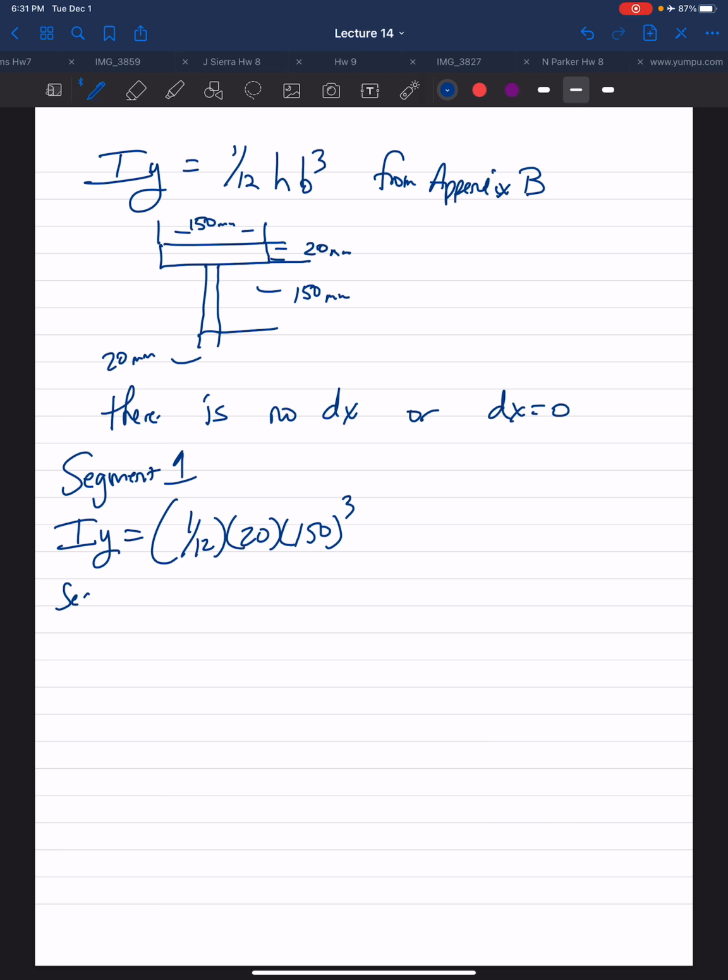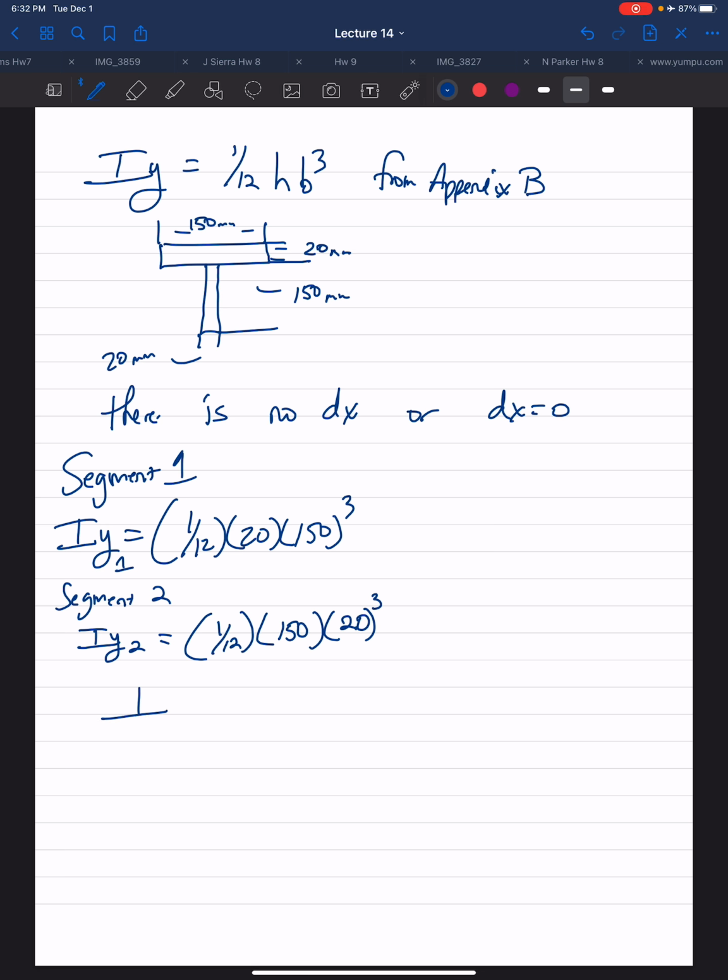And for segment 2, let's say I sub y2, 1/12 the height, which is 150 millimeters, times the base cubed, because we do not have to worry about dx.